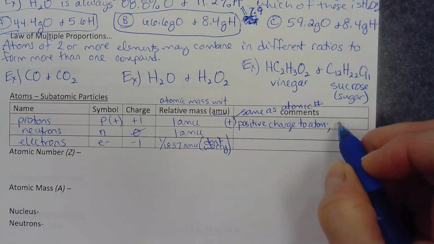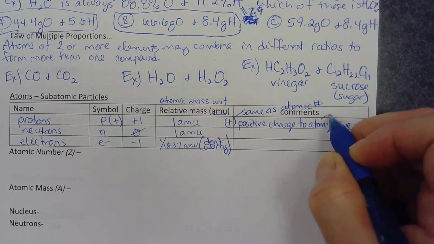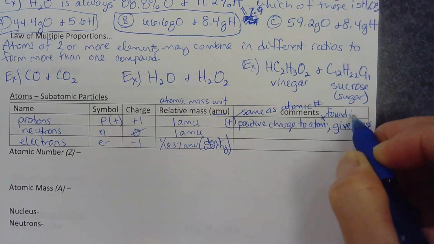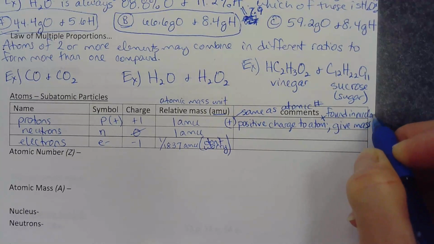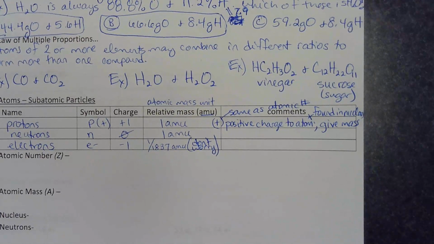They also give mass, and they are found in the nucleus. I had too much to write in that little box, so I'm putting it up top there. So they're the same as the atomic number. They are found in the nucleus, and they give mass.